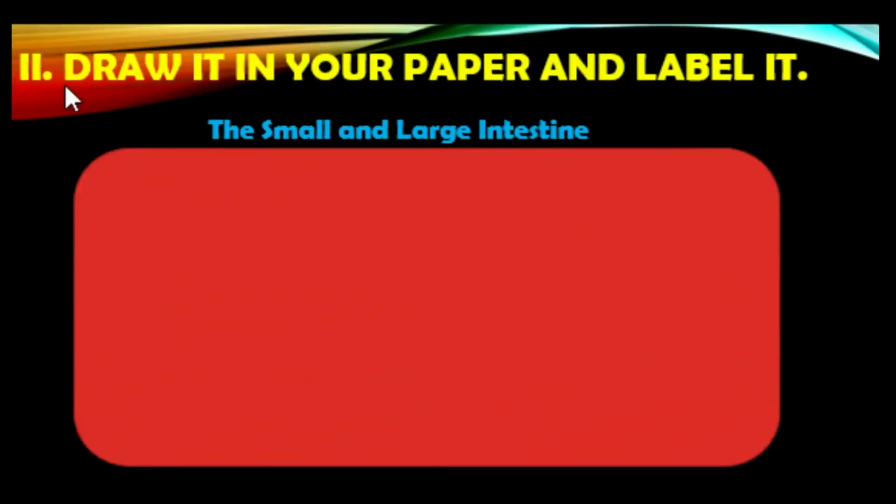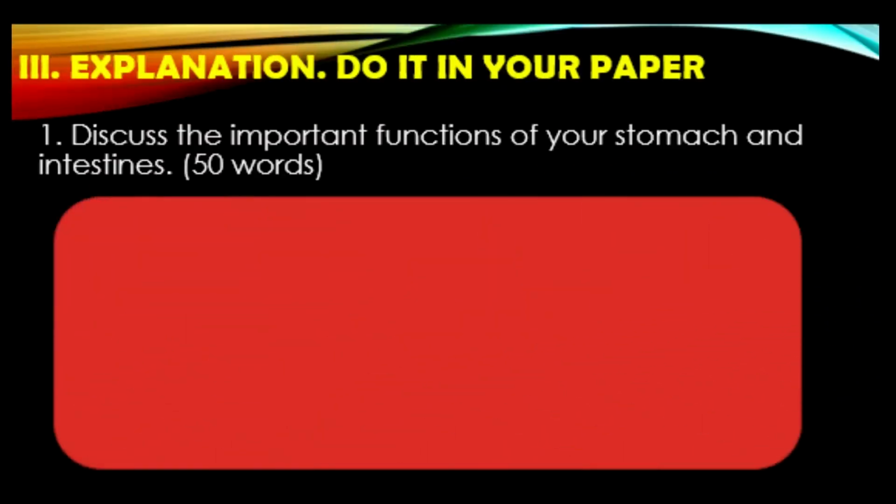For your second activity, draw it in your paper and label it. You have to draw the small and large intestine inside the box. For your next activity, it is an explanation. Do it in your paper. For your question, discuss the important functions of your stomach and intestines. It should be 50 words.